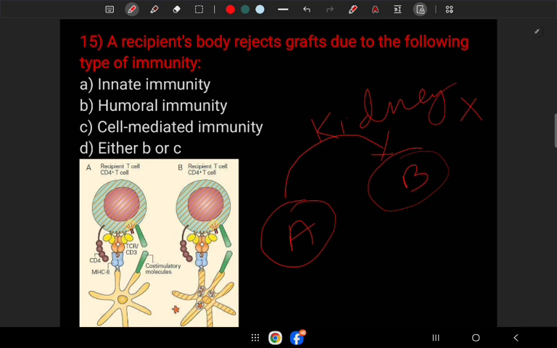Because they are genetically dissimilar. So cell mediated immunity is active, especially the MHC2 complex and MHC1 complex that bind CD4 plus and CD8 plus, which present this kidney as an antigen or foreign substance to the cytotoxic T cell. So the cytotoxic T cell rejects this kidney. Answer is cell mediated immunity.